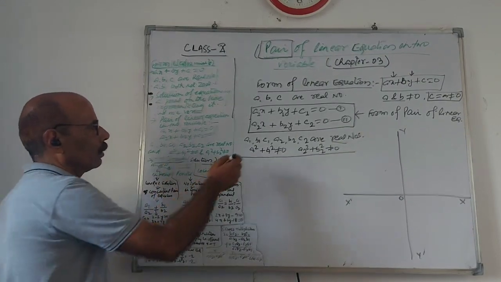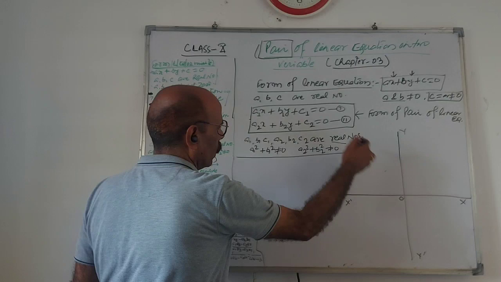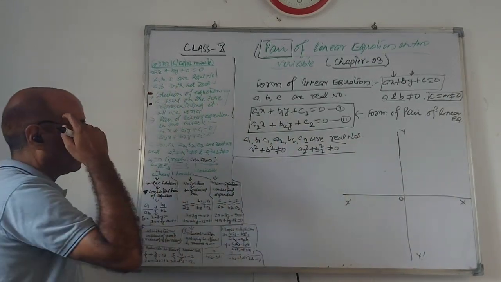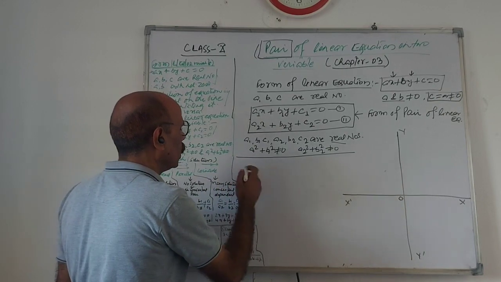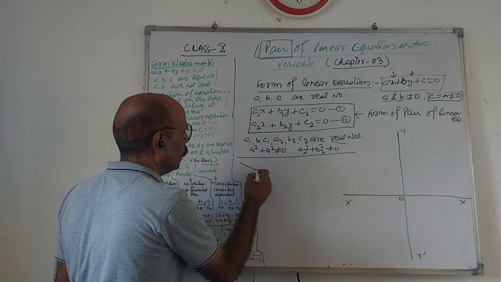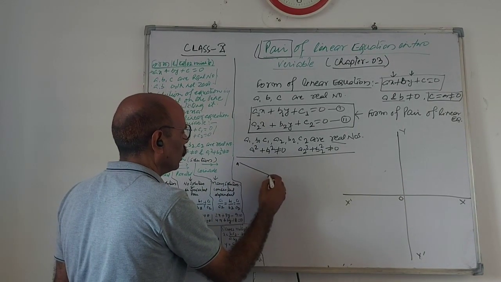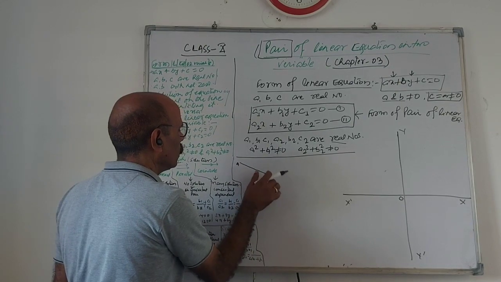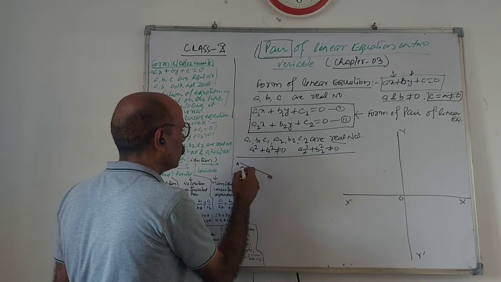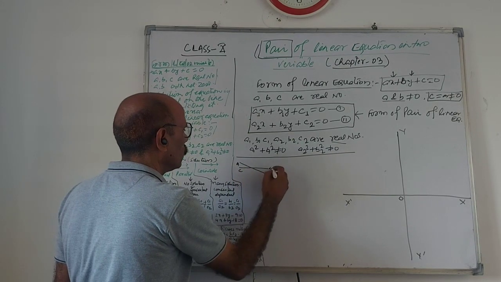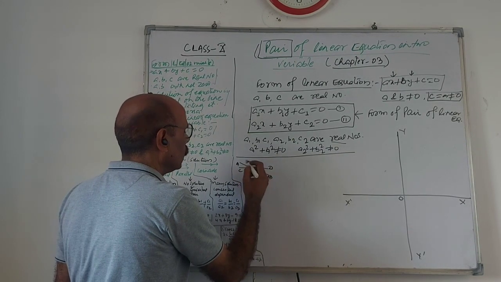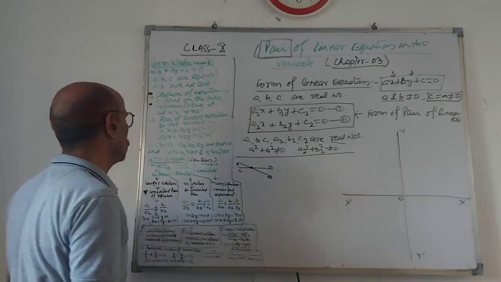In this graph sheet, for one equation one line will be there, and for two equations two lines will be there. Suppose the first equation is the line AB and the other is CD, then certainly the lines will intersect.